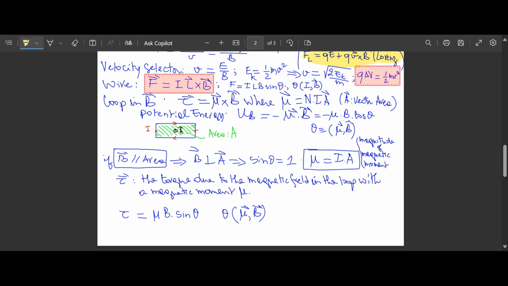This torque is equal to mu cross B, which means the magnitude is mu B sine theta, theta being the angle between mu and B. And by doing this rotation, an energy will be involved. We can calculate this energy. It is a potential energy, equal to minus mu dot B, or minus mu B cosine theta. Okay, this is what you should know about chapter 28.